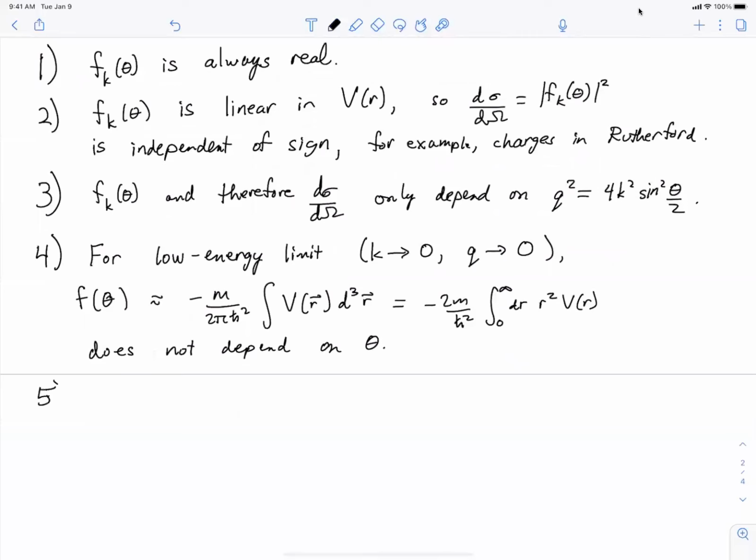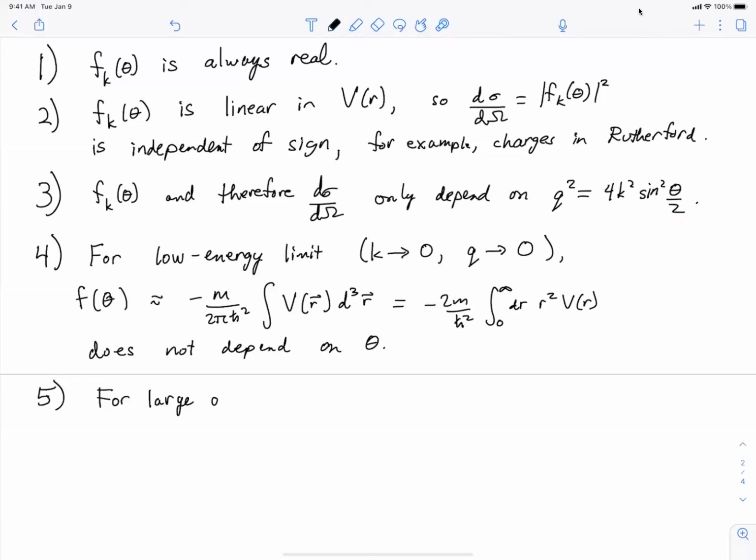And now you can ask about the high energy limit. The high energy limit is going to be large Q, although this applies not just to high energy, but to any large Q. It won't apply, for example, in the high energy limit if you happen to make sine theta small.